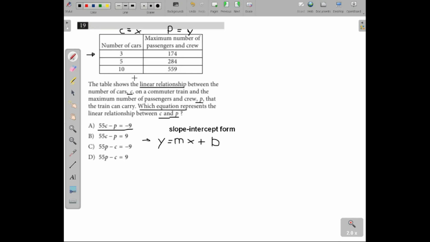So how can we know if C is equal to X or P is equal to Y? We can replace those values in the equation.